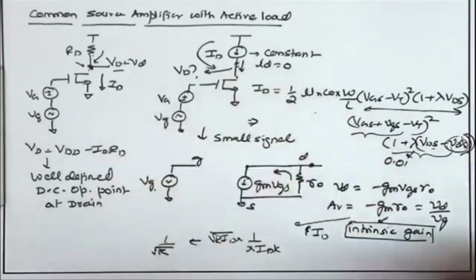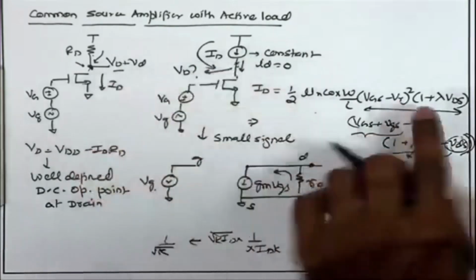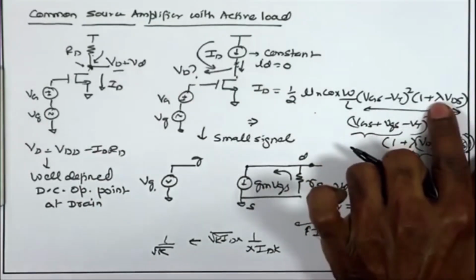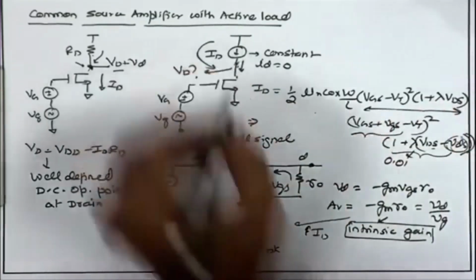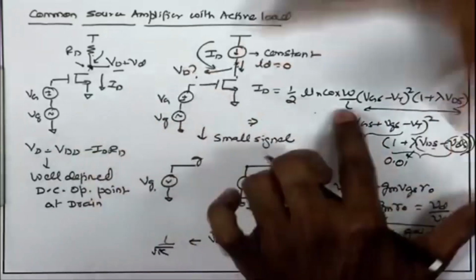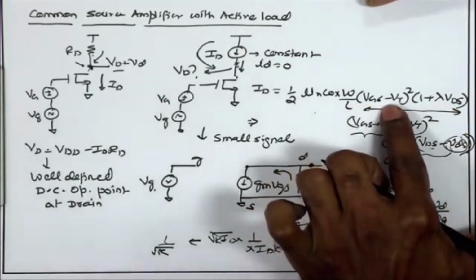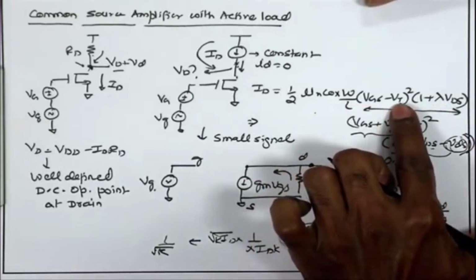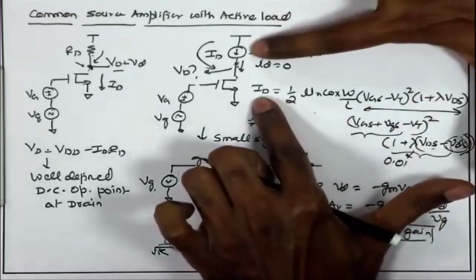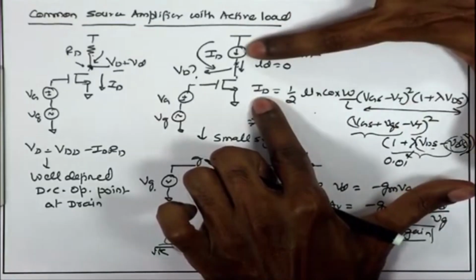One of the ways is to solve this equation for a particular lambda. Here if I just solve this equation considering the effect of lambda, Vgs minus Vt square is known to me, Id is known because this is fixed by this ideal current source.